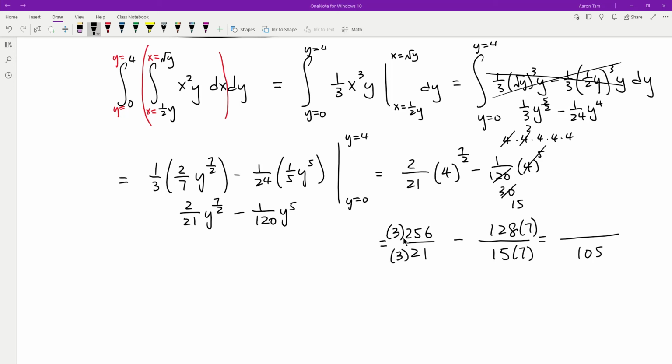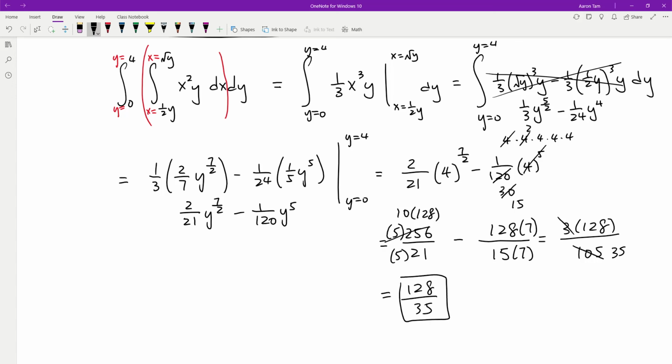Oh, actually, it should be a 5. I don't know why I put down 3. So that's actually not too bad, because 256 is 2 times 128. So therefore I can rewrite that as 10 times 128. So therefore just make it into 3 times 128. And 3 is actually divisible into 105, which comes out to be 35. So I think my answer is 128 over 35.